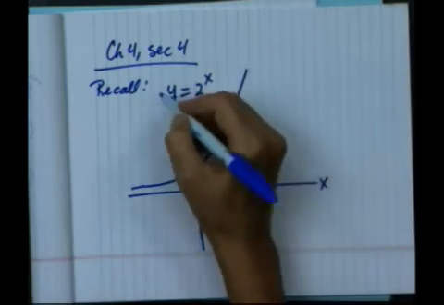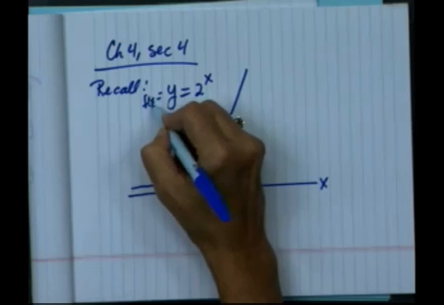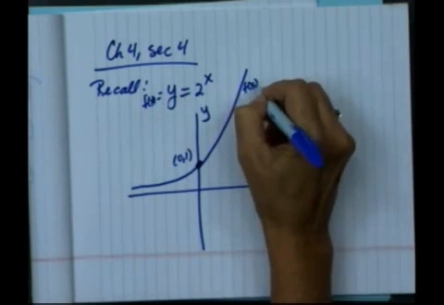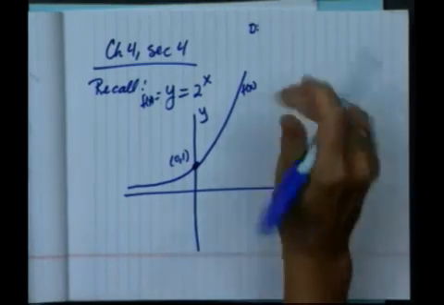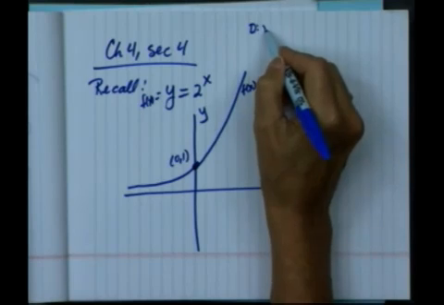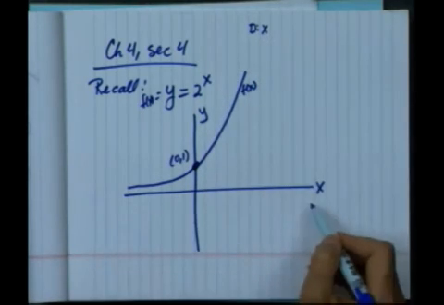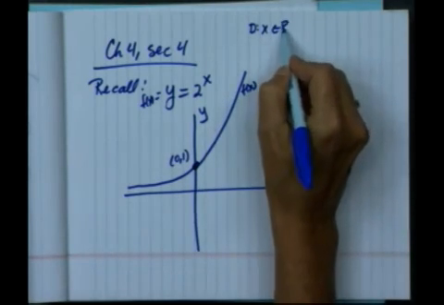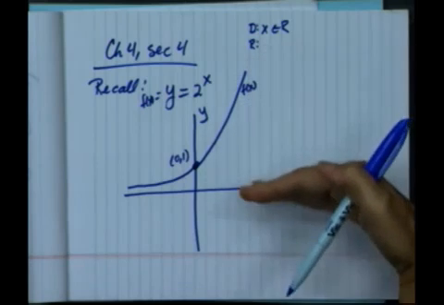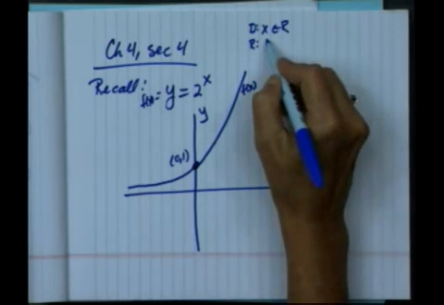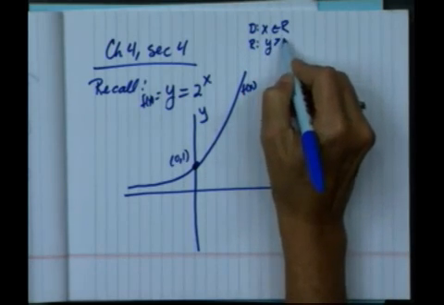Okay. I'm going to call this f of x. So let's get the domain of this again. This is all review. In case you can't tell, this is review. My domain is x is what? All real numbers. My range is, what's my range? All real numbers greater than 0. Y is all real numbers greater than 0.